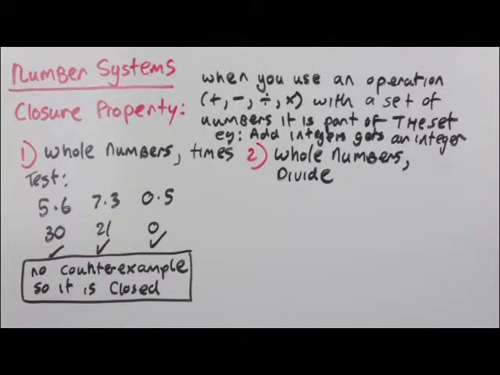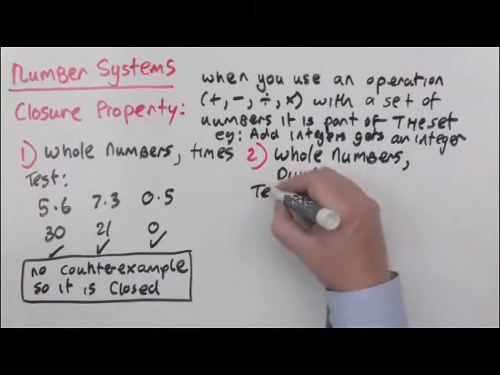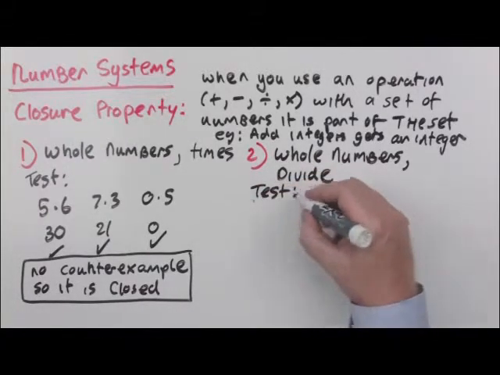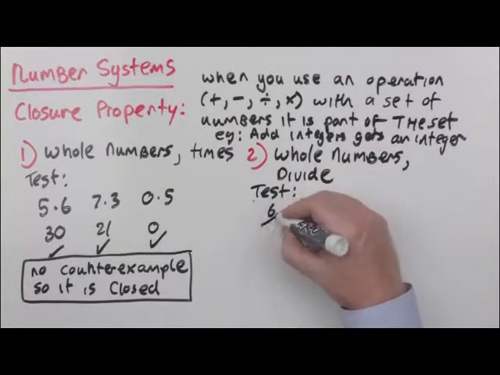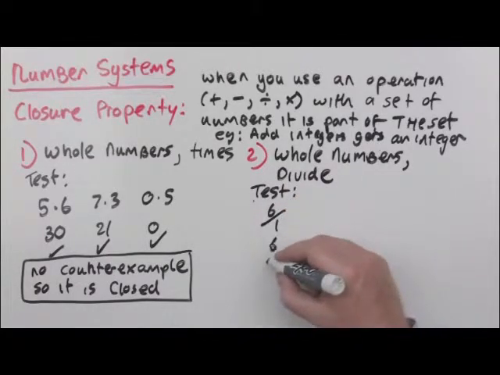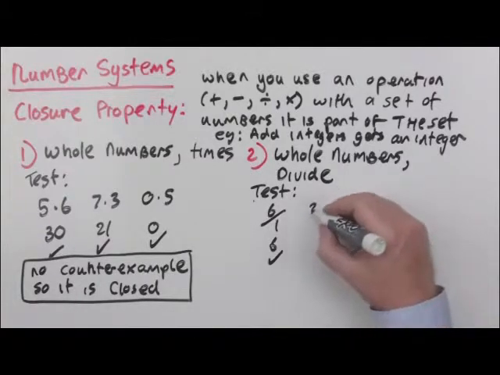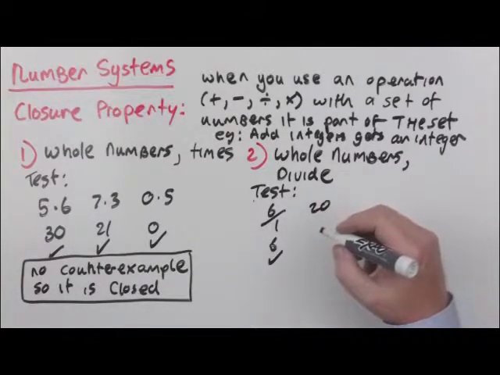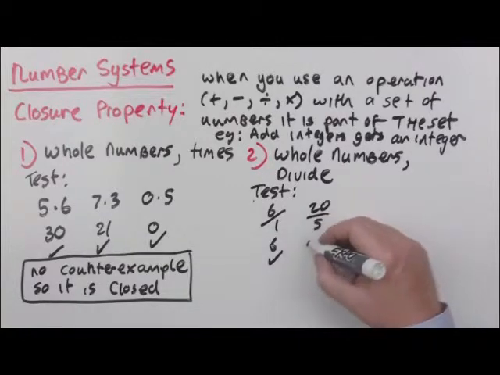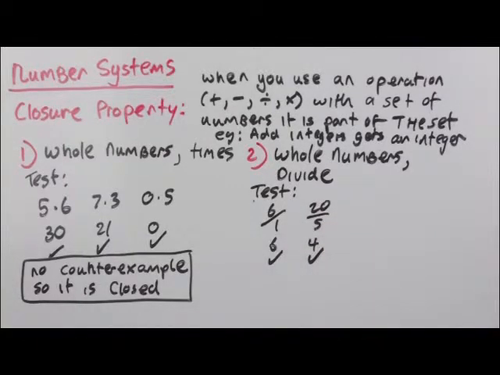Well, let's think of whole numbers and divide. Is it a closed set for divide? Let's test. Okay, let's test 6 divided by 1. That's 6. That works. That's a whole number. Let's do 20 divided by 5. That's 4. Great.